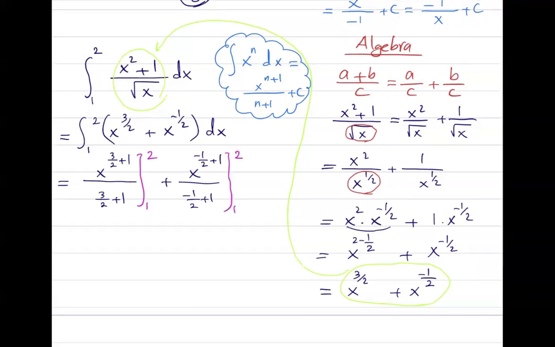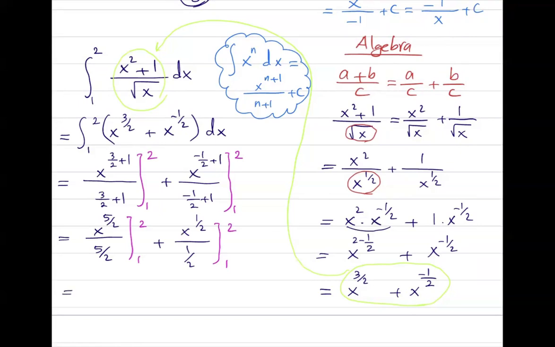Let us rewrite this in more simplified form. You have x to power 5 over 2 divided by 5 over 2, x is ranging between 1 to 2. And here you have plus x to power a half divided by a half, 1 to 2. Very good.